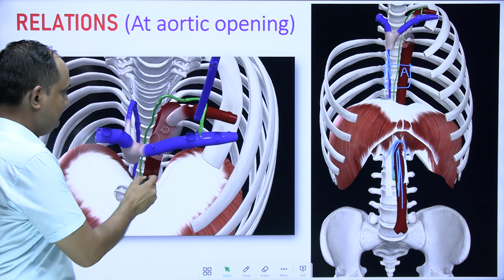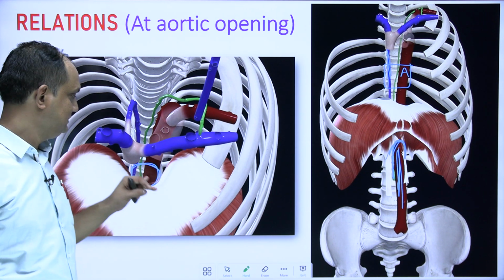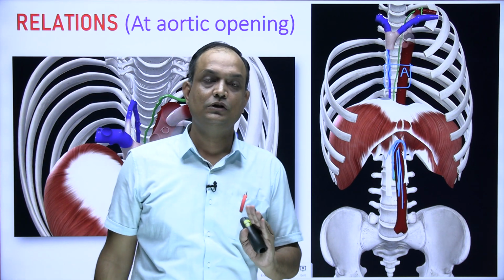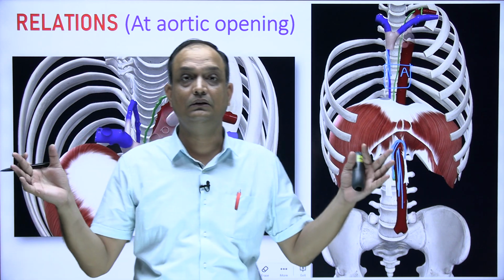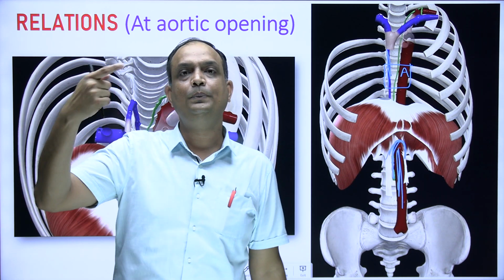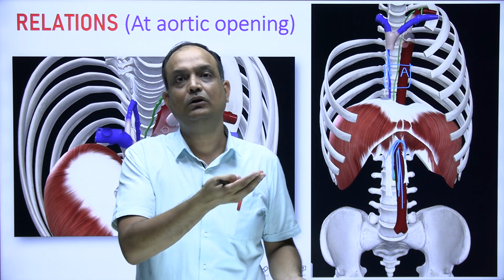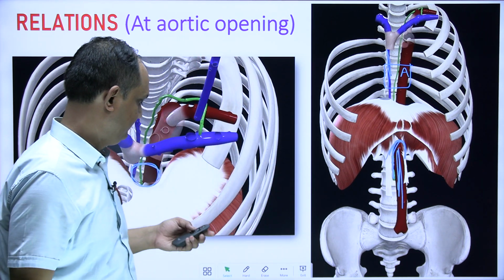Here in this diagram I already explained the structures in the aortic opening, which is important to keep in mind, because many times you have this question in exams. So, right and left relations are easy, which you can remember on the basis of your lungs: on the right lung the loop is formed by the azygous vein, on the left lung the loop is formed by the aorta. So, the left relation is aorta, the right relation is azygous vein.